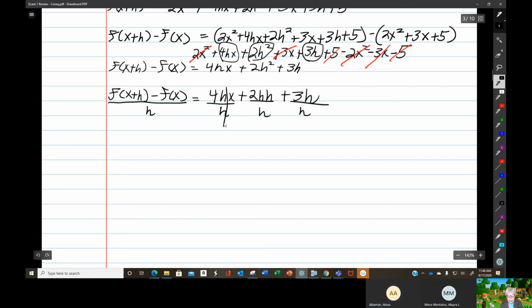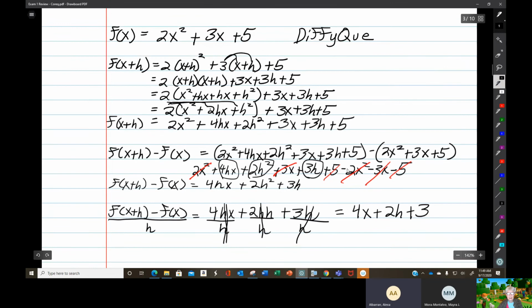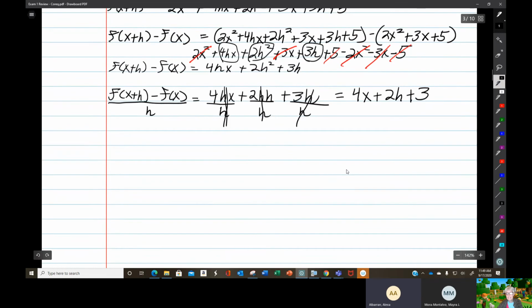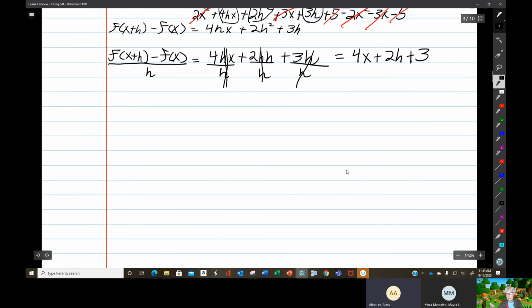And so the h's cancel out there, h's cancel here, h's cancel here. And so what you're left with is 4x plus 2h plus 3. And that's it.